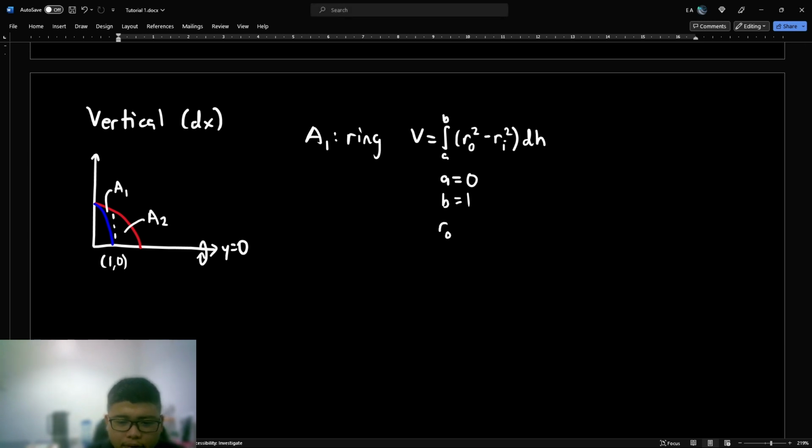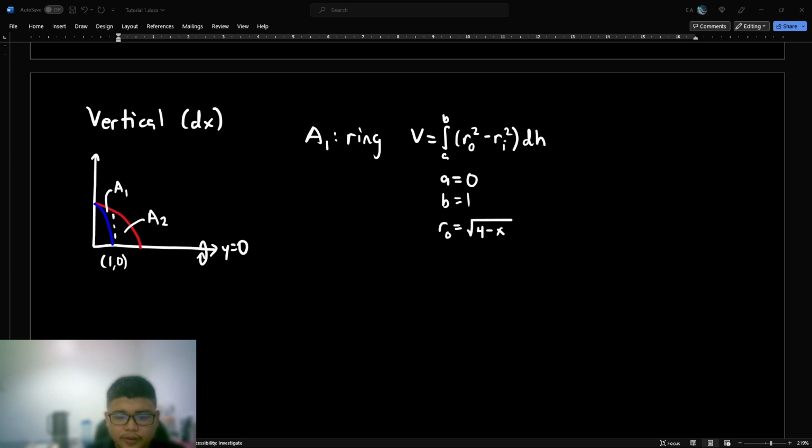Our outer radius would be equal to our red line, which is y squared is equal to 4 minus x. Since we need to convert y squared to y, we simply add a square root. So it's the square root of 4 minus x.